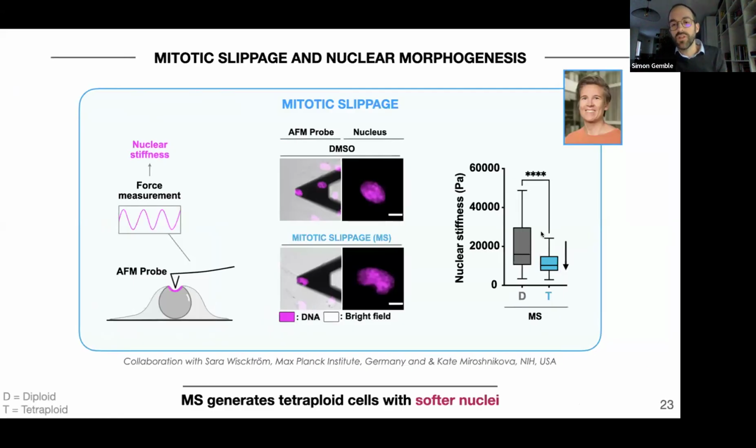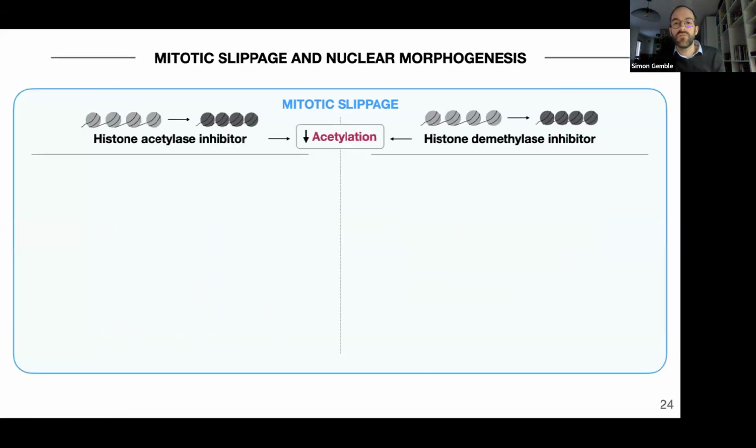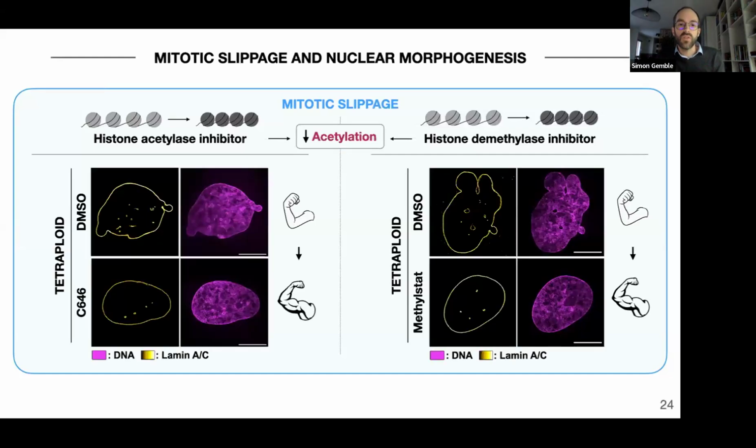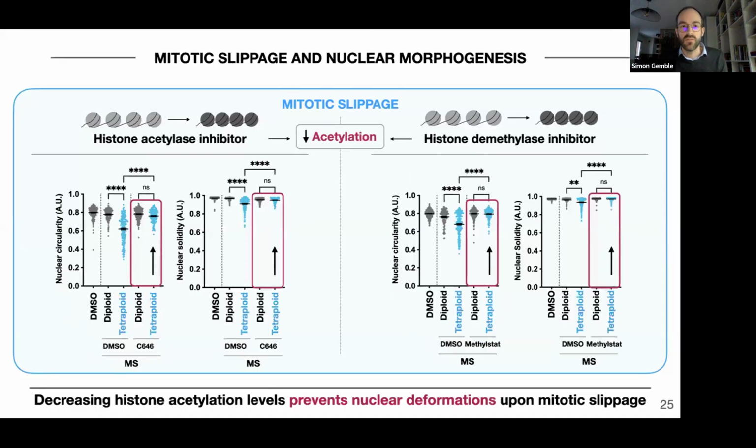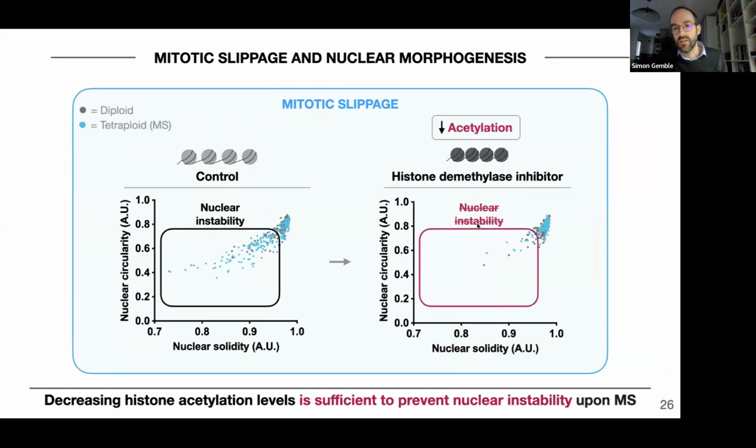So to address the two questions, what we did is to use different strategies to decrease the acetylation levels. And we observed that this was sufficient to prevent nuclear deformations upon mitotic slippage, as you can see here on these two examples. And here you have the quantification showing that just by decreasing the acetylation level, we can prevent nuclear deformations in tetraploid cells, and also prevent the nuclear instability, which is much lower compared to the control condition.